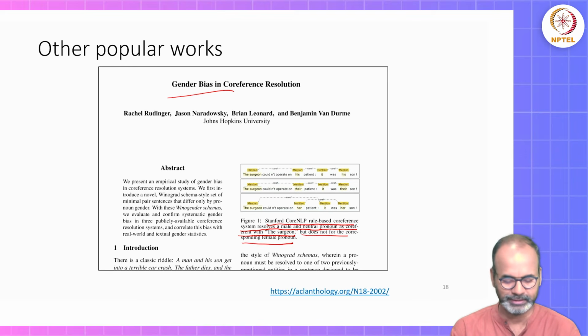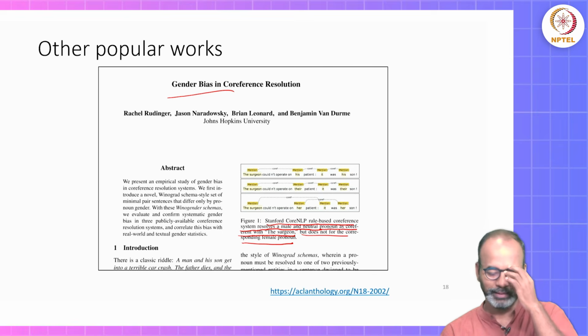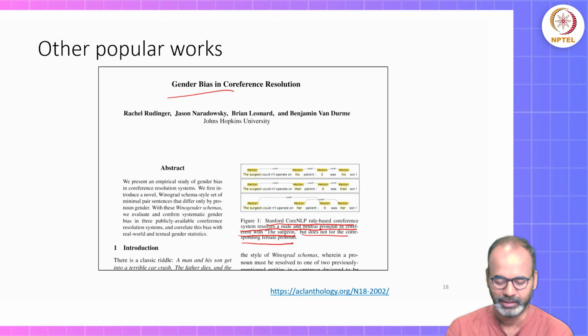Let's look at the sentence here. The sentence is, the surgeon couldn't operate on his patient. It was his son, right? In this case, the surgeon is coreferenced to his, and it is coreferenced to the patient, and his son is coreferenced here. The first his is the surgeon here, and the second his is the it here.